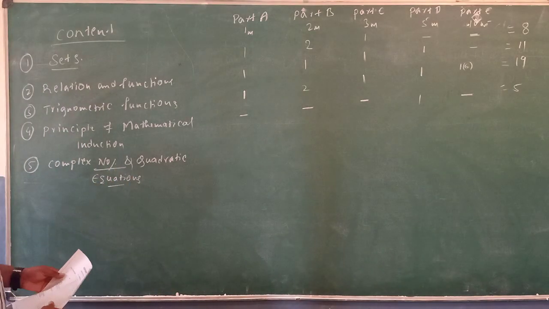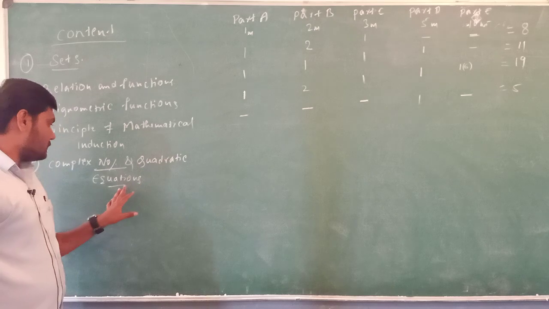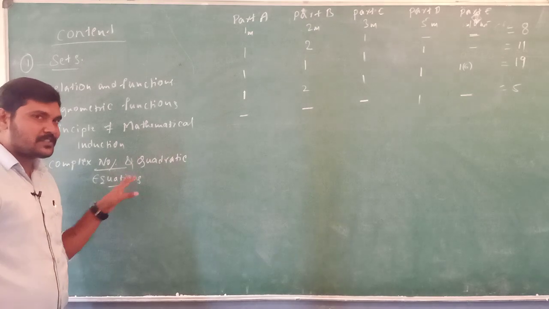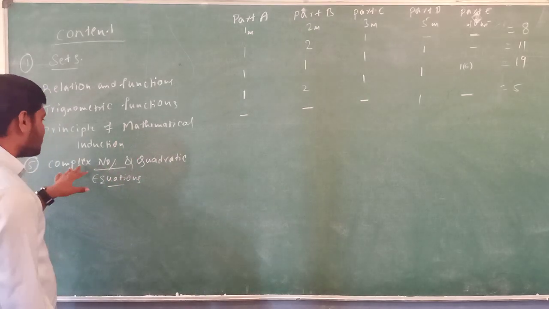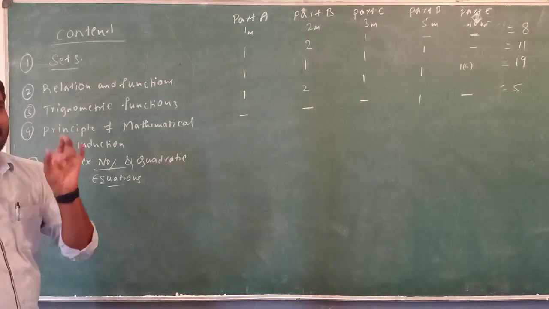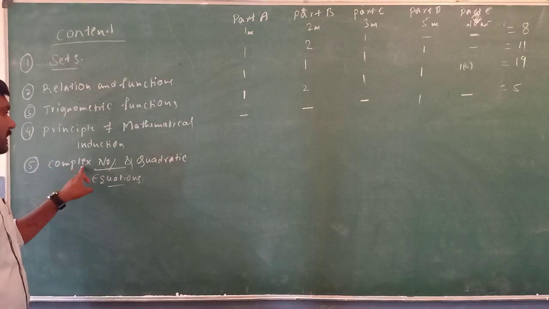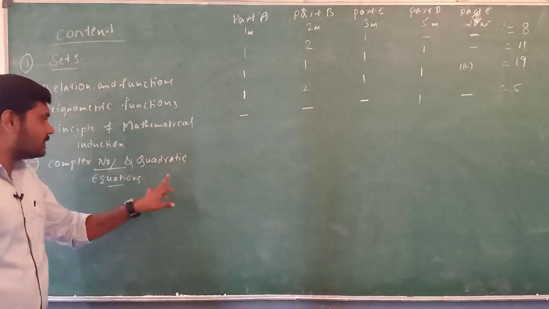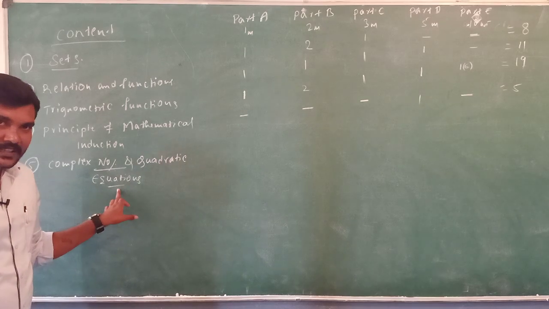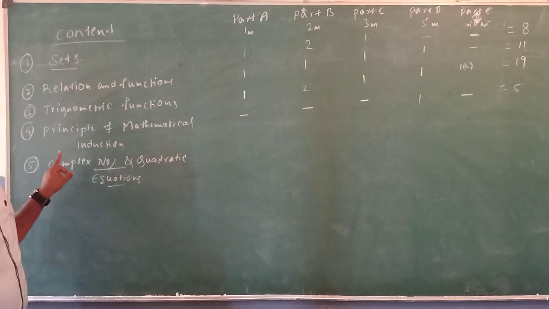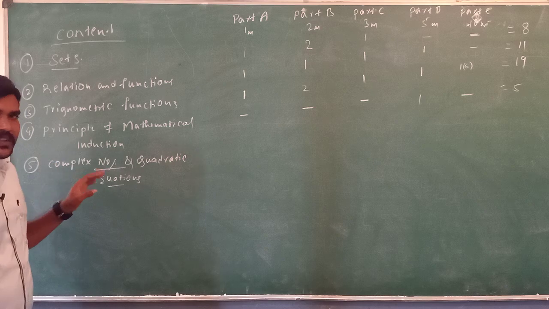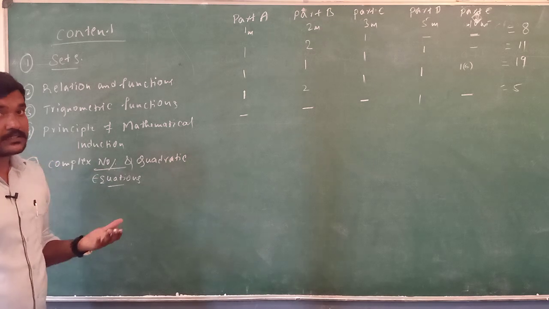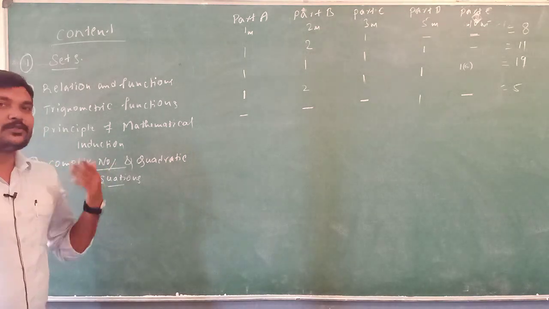So you are familiar with quadratic equations, and by using those functions, those types of formulas, we are going to study about complex numbers. A new concept in your syllabus is the complex numbers, and you are familiar with the quadratic functions. Clear? So in this chapter, the new concept is the complex number. When we are solving the basic chapters, we are going to study about those things.